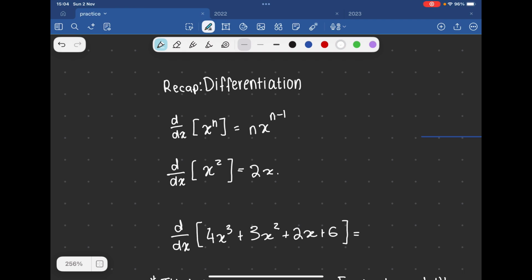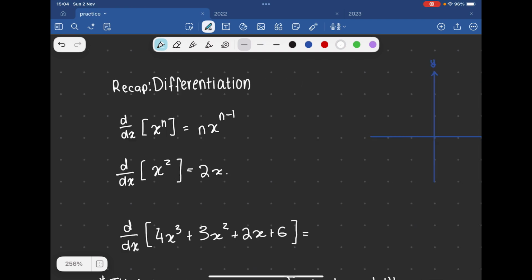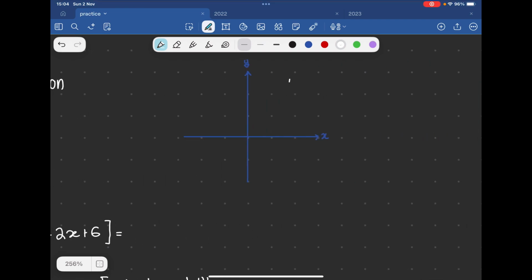Differentiation is asking us to calculate the rate of change, the instantaneous rate of change. So if we have a function here, say it's x squared. Now, usually in coordinate geometry of the line, you'd have a graph with numbers and you'd be asked to calculate the slope using x2 minus x1 all over y2 minus y1.